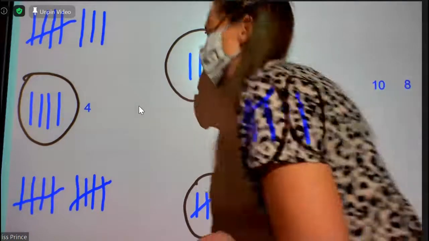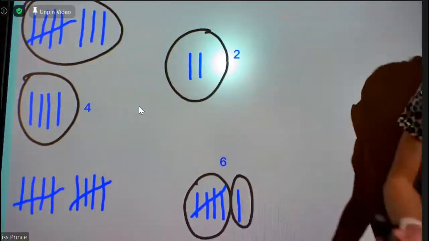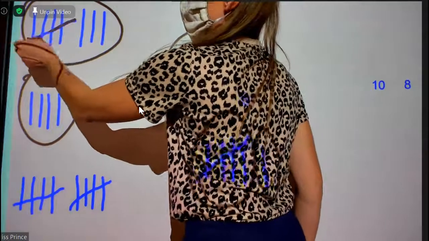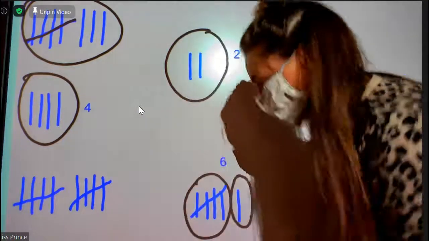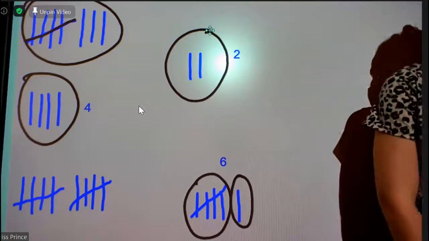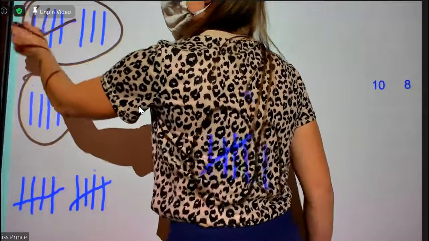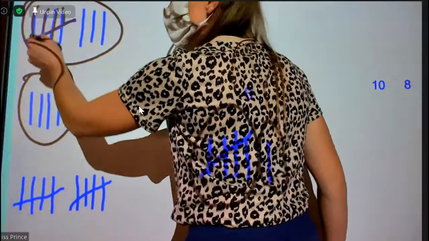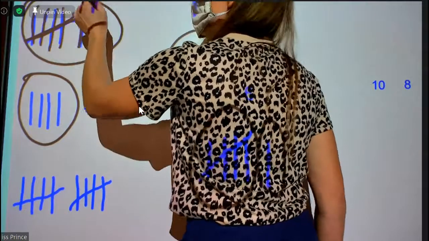Let's go to this one way up here. I'm going to call on somebody in the classroom. Remember, this counts as one of them. Make sure you don't leave out the bundle line. Let's see. Nicholas. He says 8. Let's make sure. 1, 2, 3, 4, 5, 6, 7, 8.